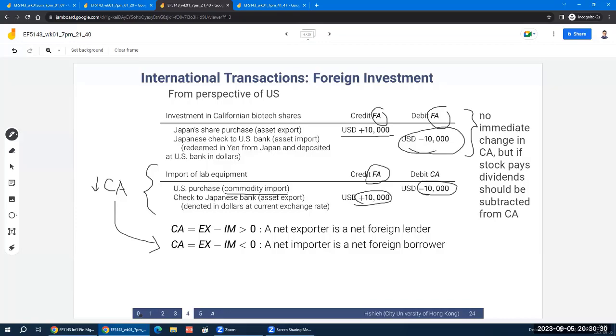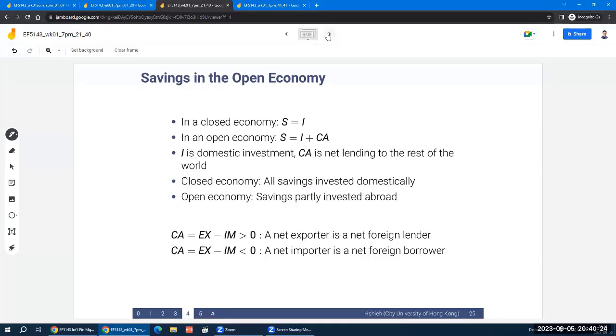Okay? So what I want to do now is show you the financial side of the current account. So what have you seen before? Remember, we defined the current account as net exports minus imports. But now I want to show you that the current account can be expressed in terms of two other variables, savings minus domestic investments.